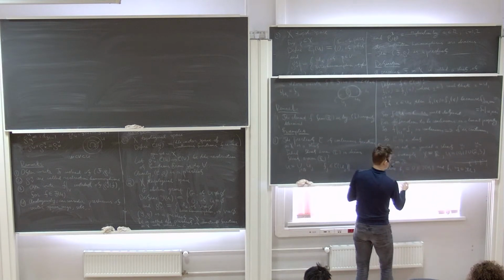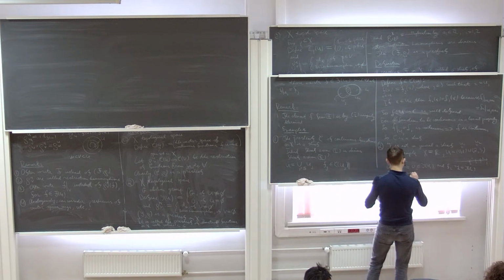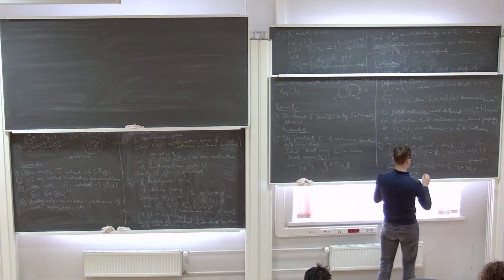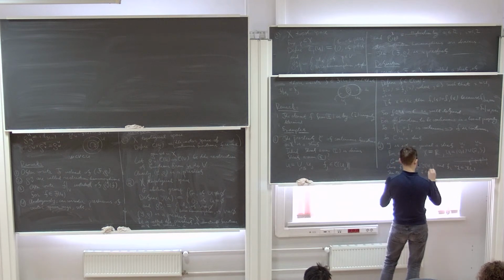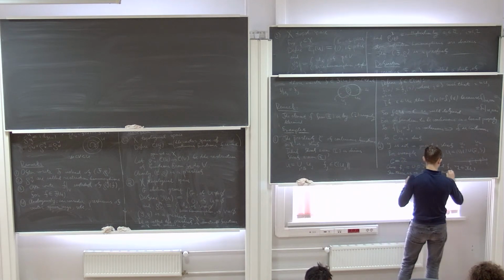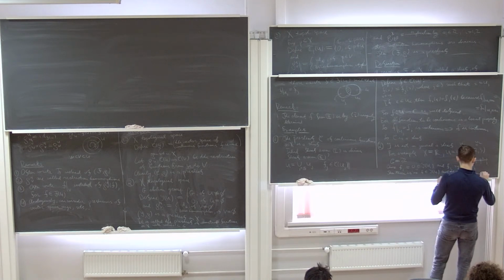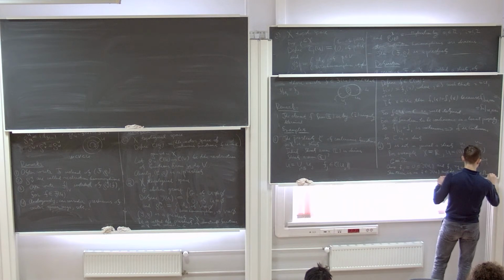Then there is no f in Y of U such that f restricted to U1 is equal to f1, and f restricted to U2 is f2.